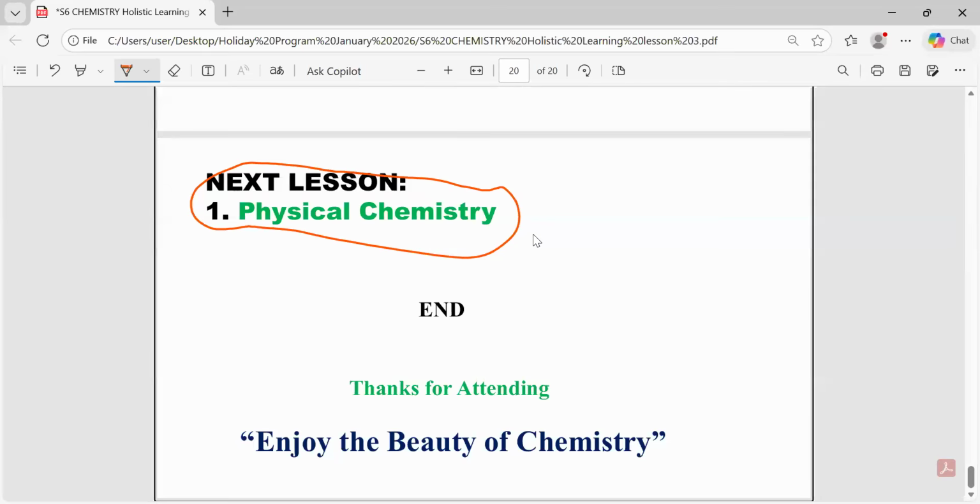We shall put polls in the group, and we shall be able to see whether we should start a new topic for senior 6, or there is a topic in senior 5 that you would like us to talk about. Maybe let's put in the chat which topic in physical chemistry. Should we go to the first topic of senior 6, or is there a topic you think we can look at? Otherwise, this marks the end of today's lesson and end of our discussion for organic chemistry.